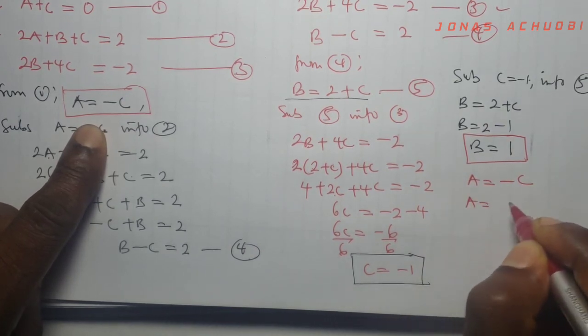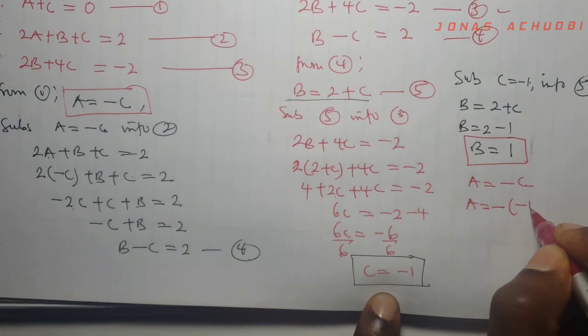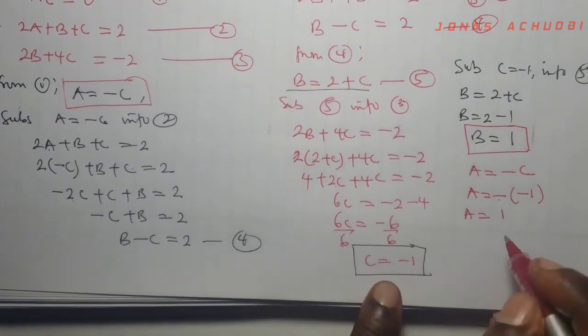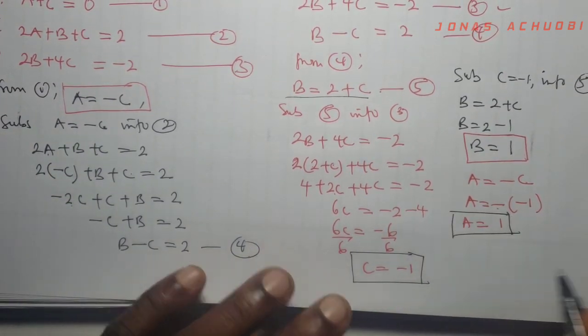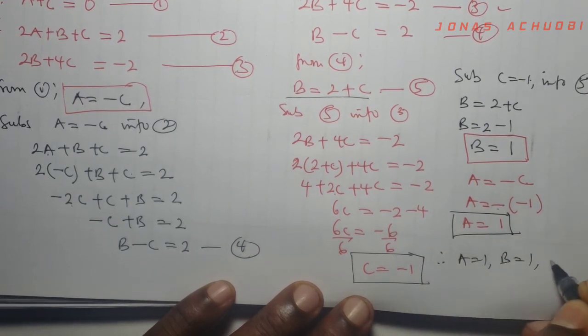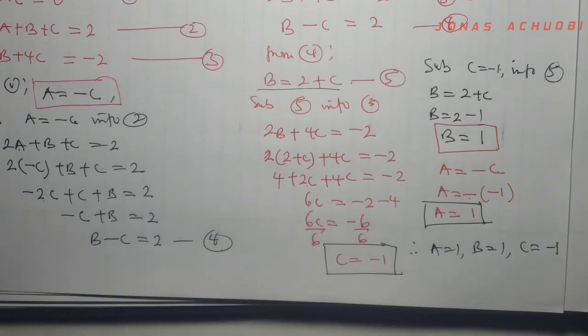C is minus 1, so a is equal to minus times minus 1, which is plus 1. Therefore a is equal to 1. What do we observe? We found out that our a again is 1, our b is 1, and our c is negative 1. And this agrees also with the previous method we had applied.